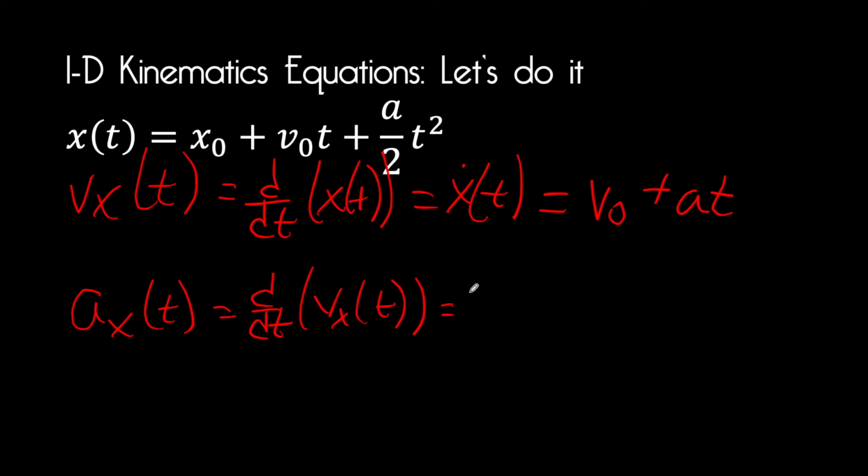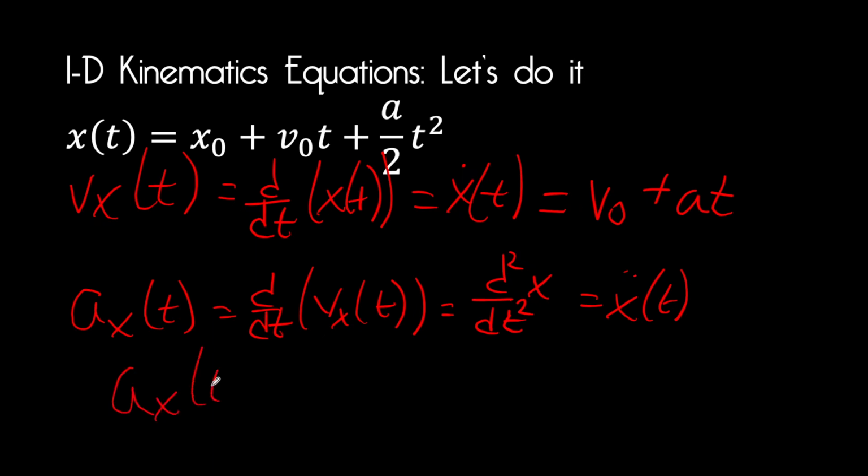Or we could say that this is d dt of x. Or we could say that this is x double dot of t. All just different ways of writing derivative. At any rate, ax of t is: drop the constant entirely and remove one factor of t there. So we get ax of t is a, which is exactly what we started with and exactly what we expect.